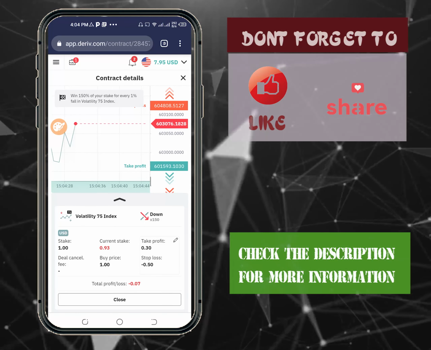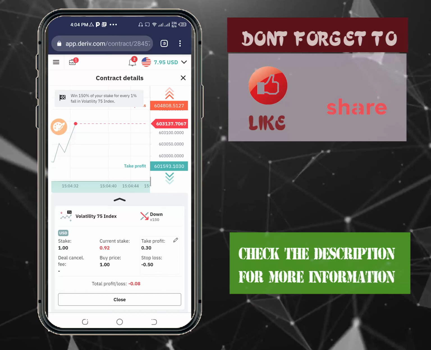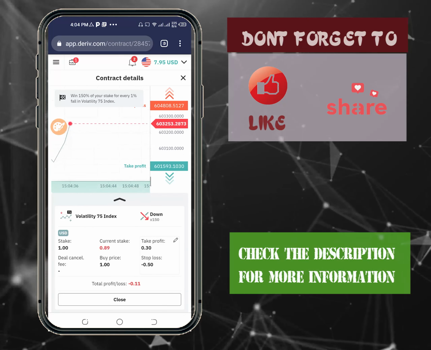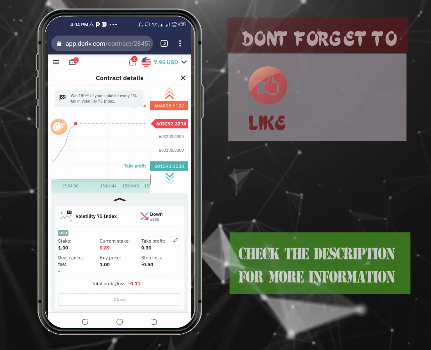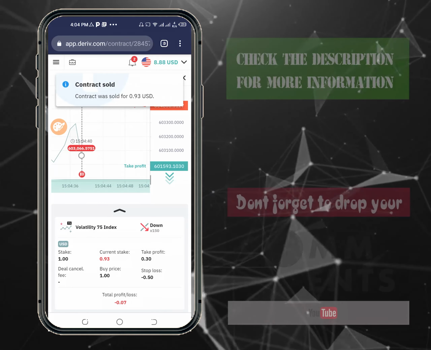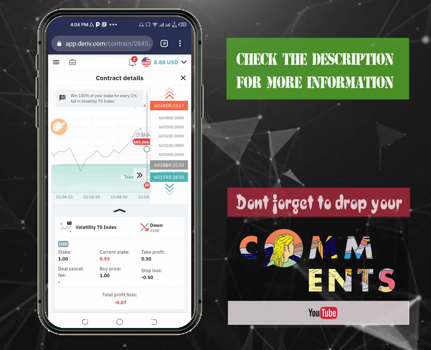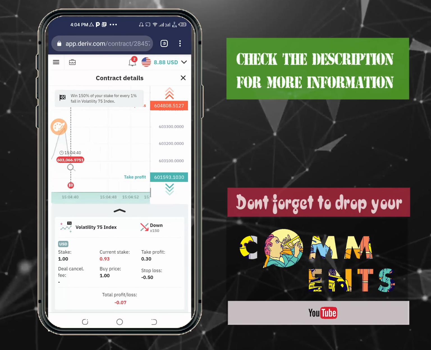So it's going up. I'll close this trade. So at that point, this is it.